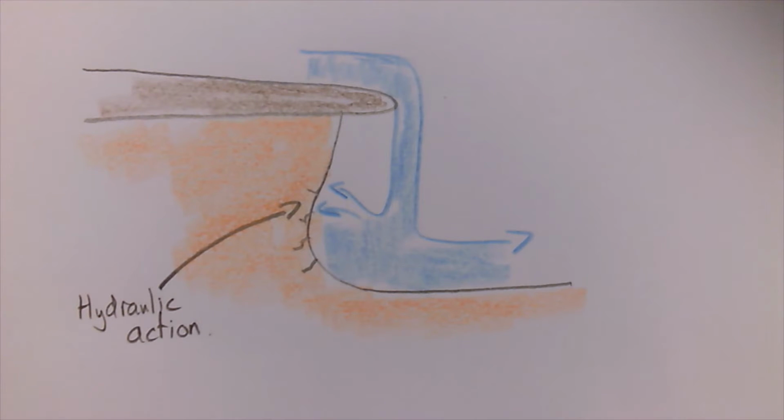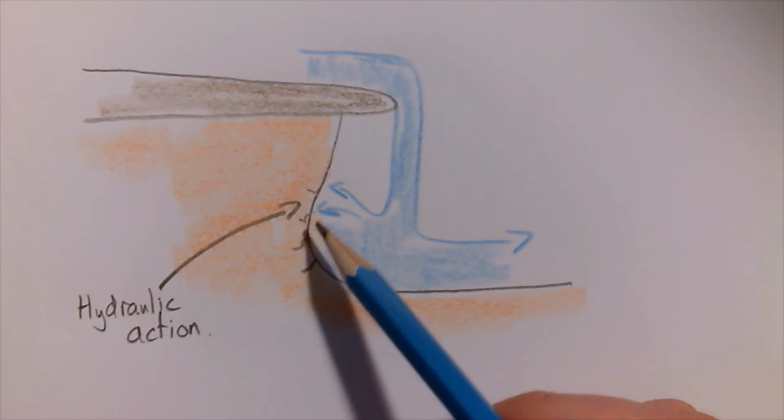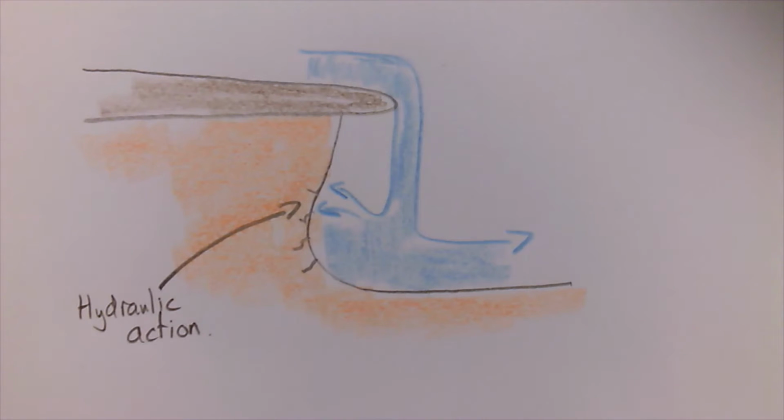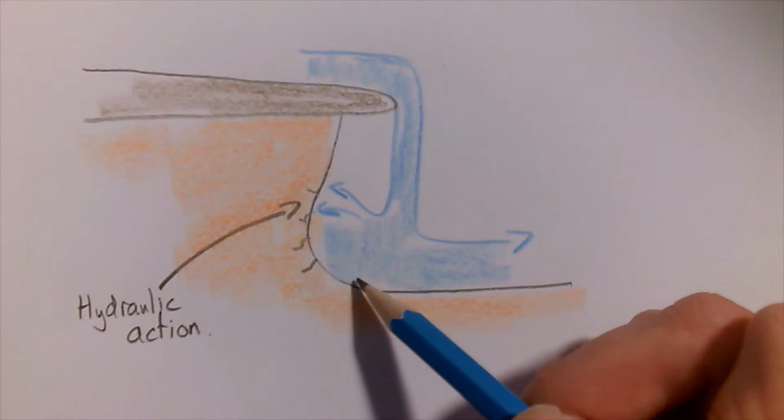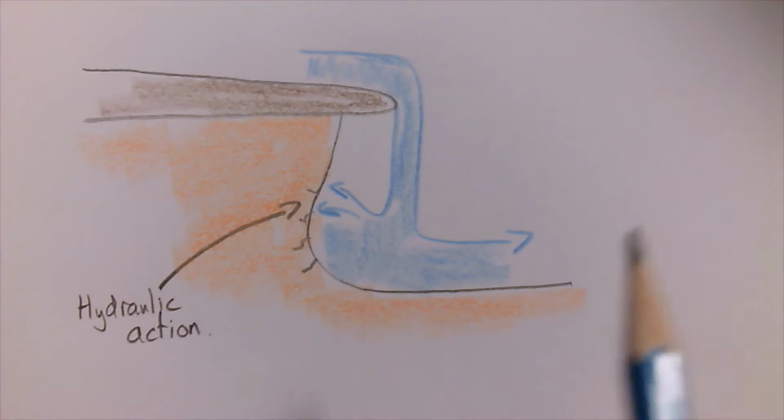What is hydraulic action, please? Narwan? Yes, well done. It is the power of the water crashing into the rock and weakening it. This creates an indentation in the softer rock.